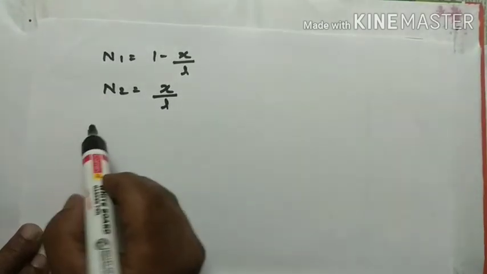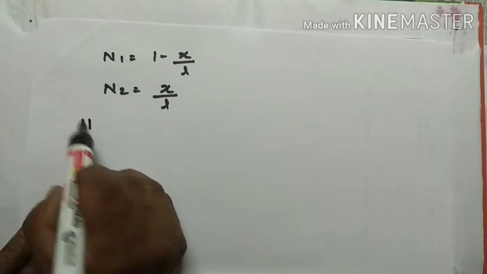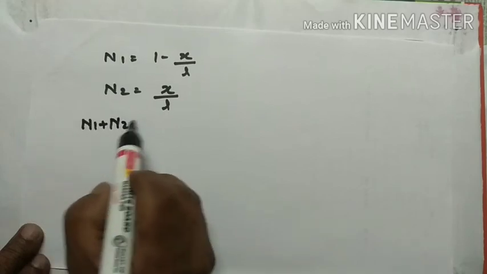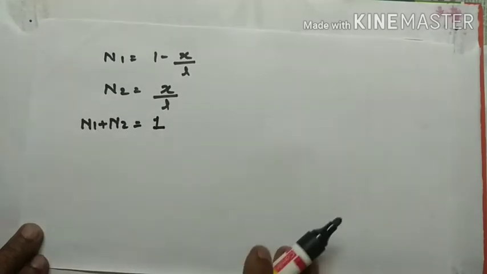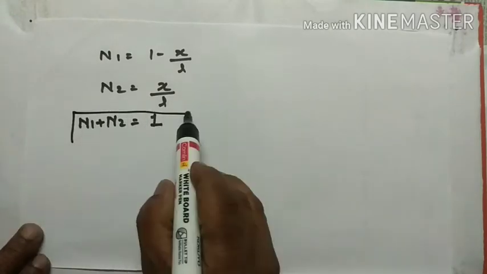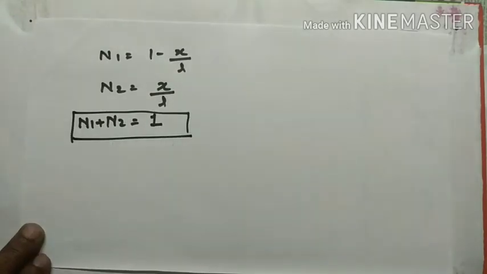From these two relations, we can see that n1 plus n2 is equal to 1. This is one of the properties of shape function.